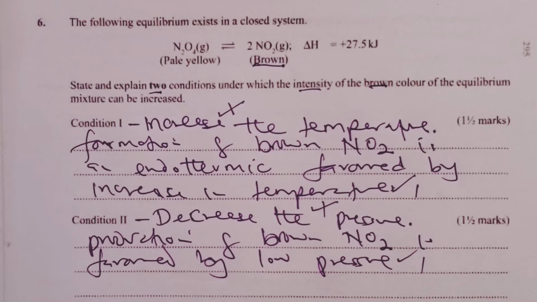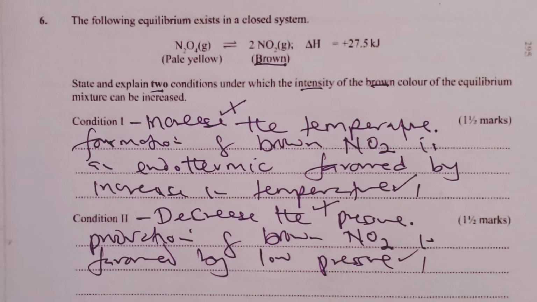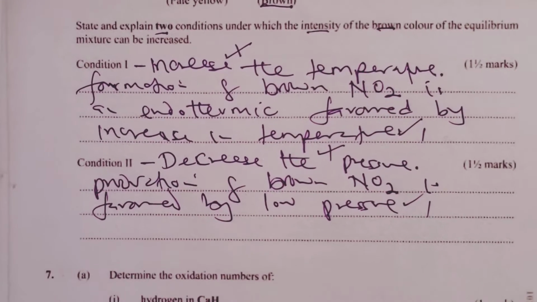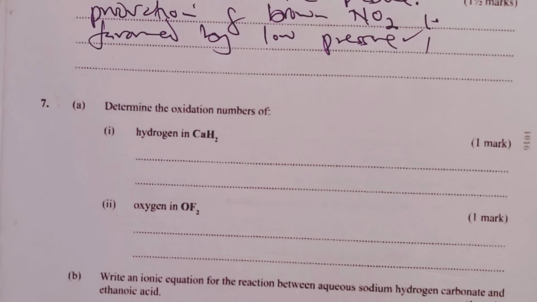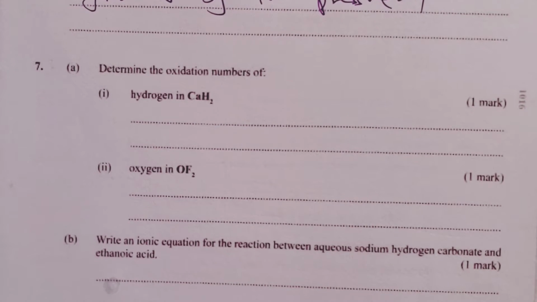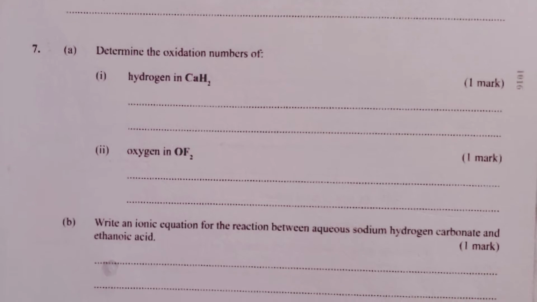Next question from Form 4 was question number 7. Question number 7 tested electrochemistry, specifically on oxidation numbers and a bit of organic chemistry too.